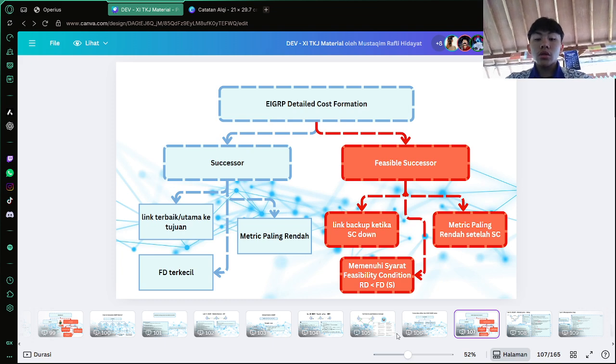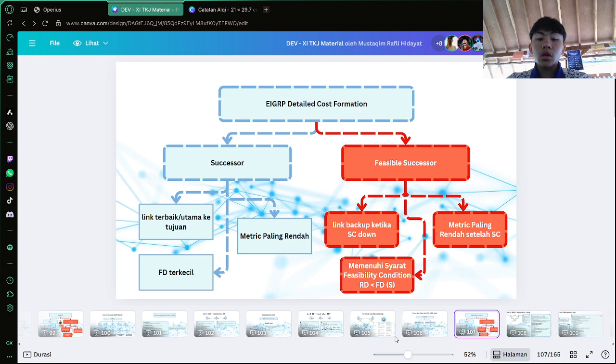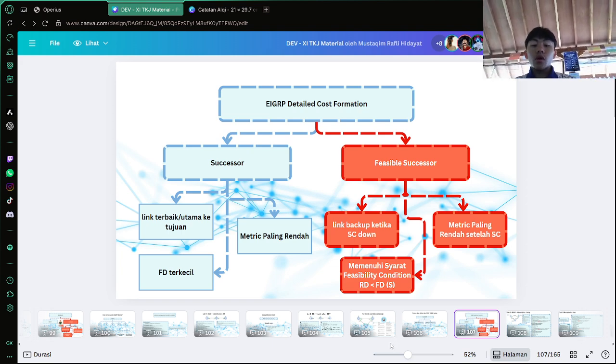And the next is intelligent backup: the feasible successor enables instant failover. And the last conclusion is modern implementation: advanced features include query scoping, route filtering, and fine-grained control via prefix lists.